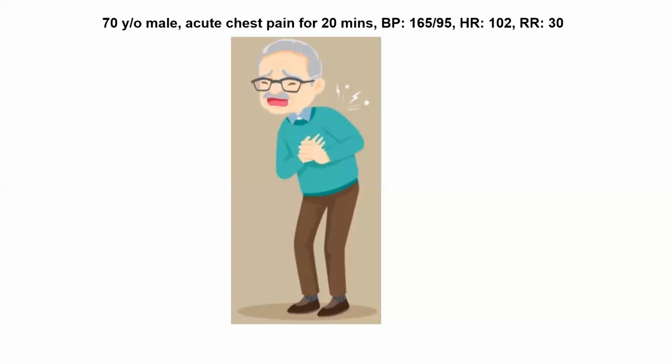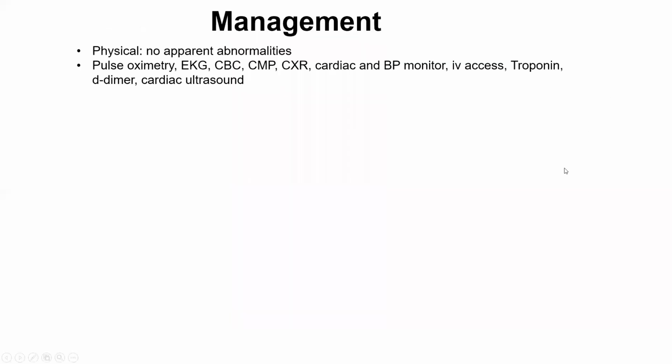Then we can consider placing orders for the regular tests like CBC, CMP, those blood tests, and troponin, D-dimer, CXR, and cardiac ultrasound. So let's go to the next step.